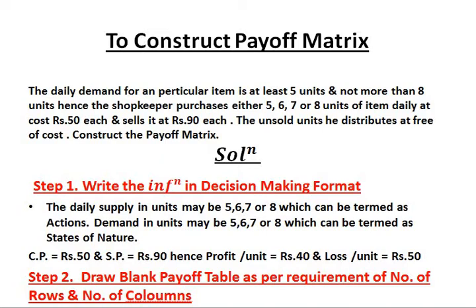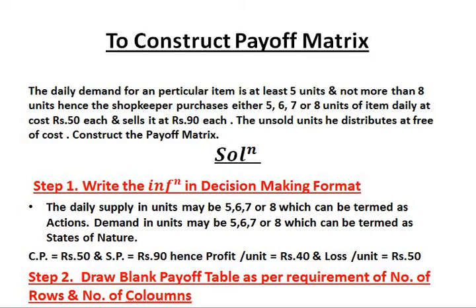Now what is given for the particular item? From past experience, the shopkeeper may know that the demand lies between 5 to 8. That is, minimum 5 units every day he has to purchase, because 5 customers will definitely be there, and he is not going to purchase more than 8 units.